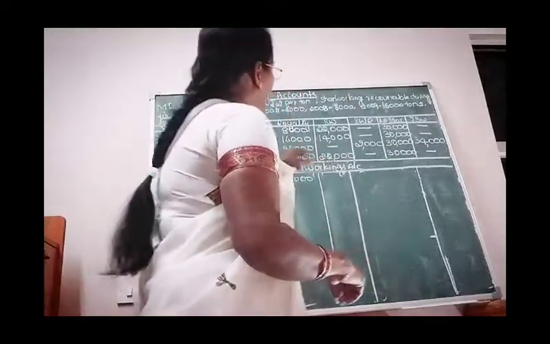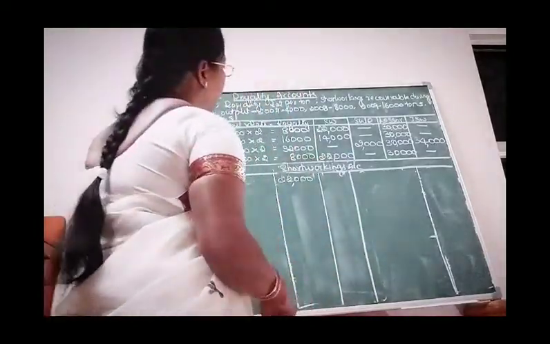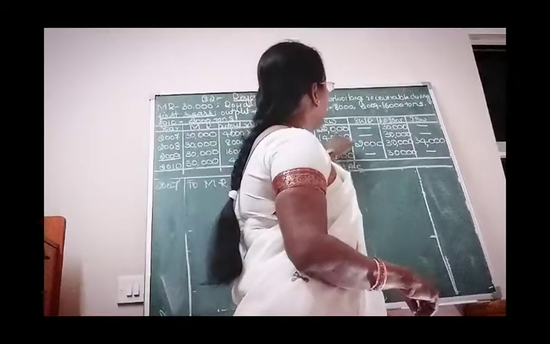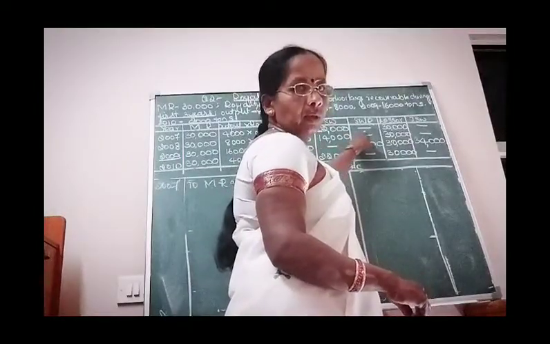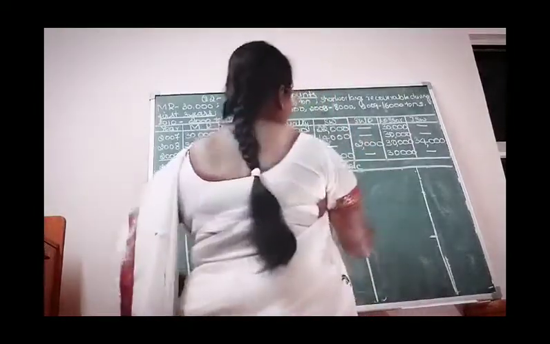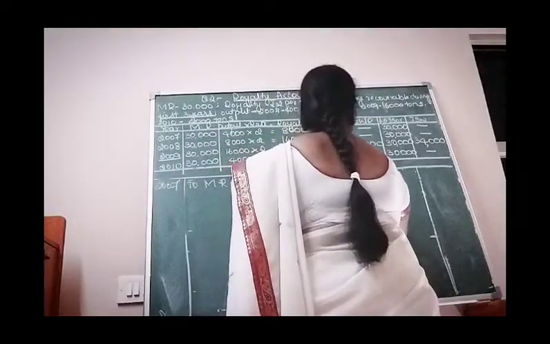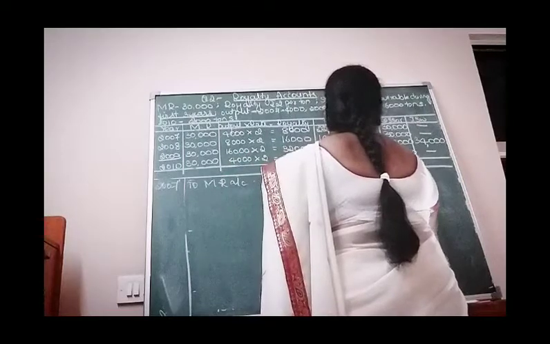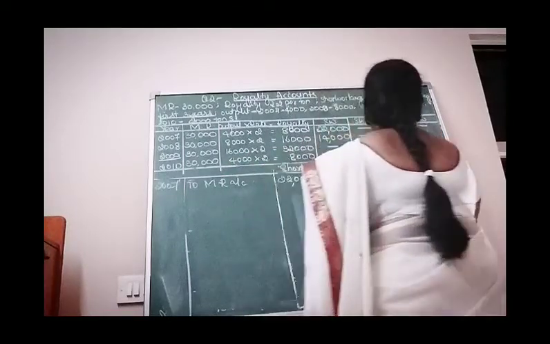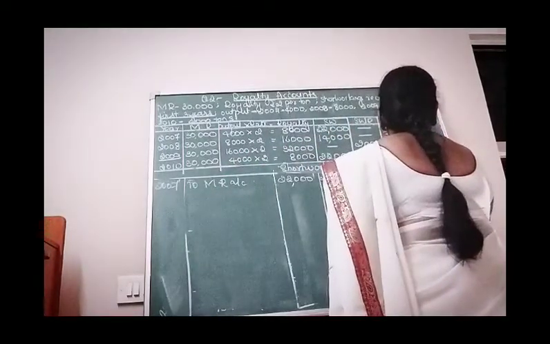But you see, in the first year we have 22,000 short working, there is no recovery, right? There is no recovery at all. So we are going to write it to the credit side as by balance to be carried down for rupees 22,000.